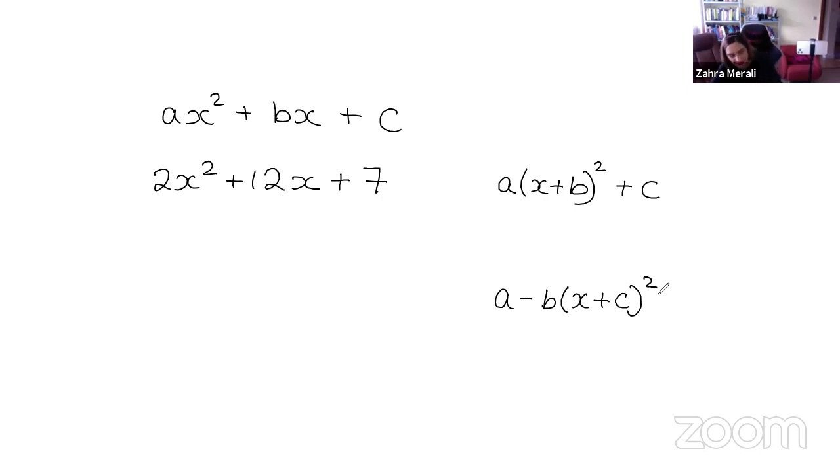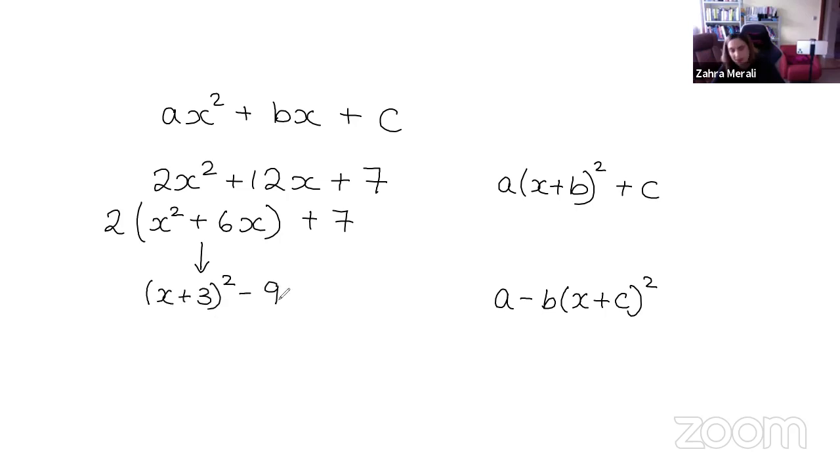So the first step here is I'm going to take 2 outside the bracket, and I'm going to get x squared plus 6x plus 7. It doesn't matter how you do it. I tend to just do a line down, complete this bit here, which is (x plus 3) all squared minus 9, and then multiply the whole thing by 2.